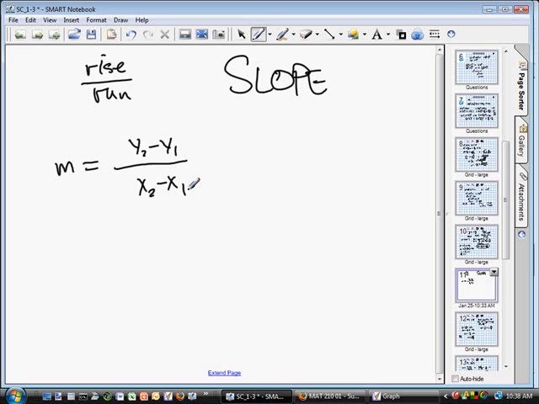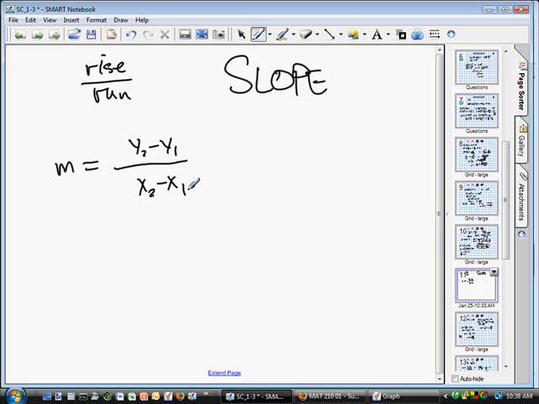Number 17 through 24 says, use the point on the line that they give you and the slope to find 3 additional points. Let's do one of those. Well, 18 is pretty wimpy, but let's just take a look at it. They give you the point -3, 1, and they tell you the slope of the line is 0.